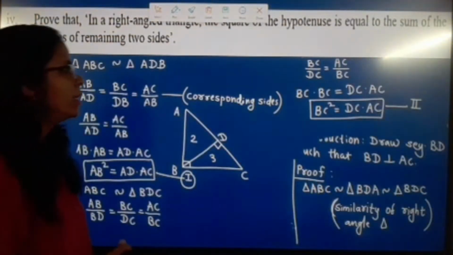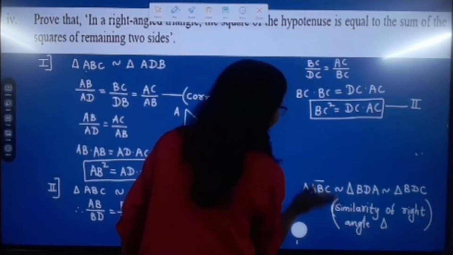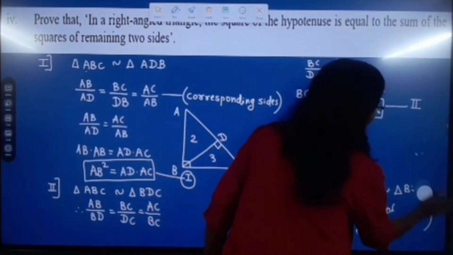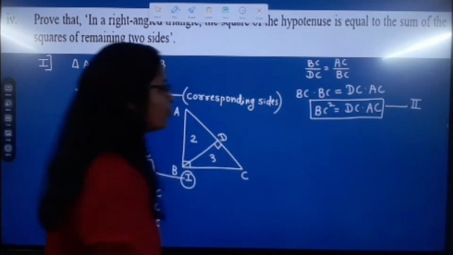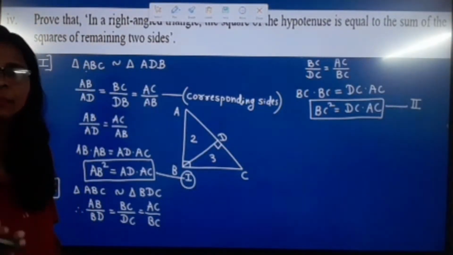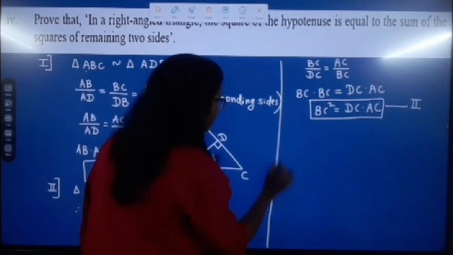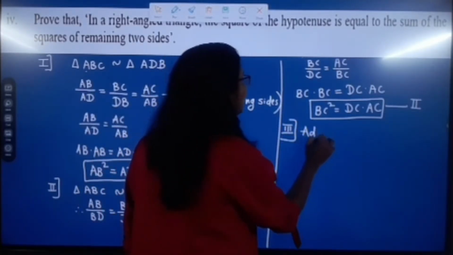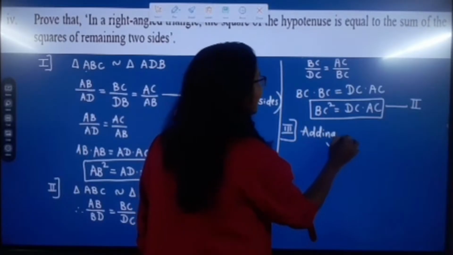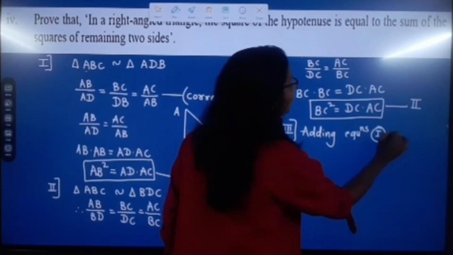Okay, so now after getting the first and second equations, we add these two equations. The third part will be adding equations 1 and 2.